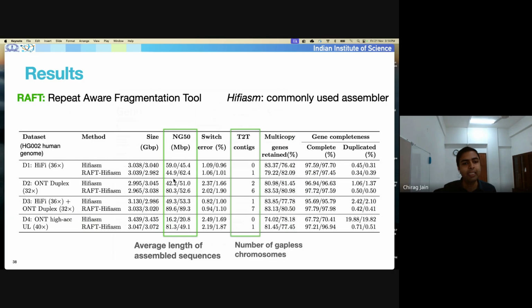In both cases, you can see that the contiguity of the assembly is improving when we do repeat-aware fragmentation. There are two numbers here because one is for the paternal haplotype, that is father, because you have two copies of the genome, one from father and one from mother. We are measuring them separately. And for both copies, you can see that there are improvements in the length of assembled sequences and also the number of gapless chromosomes assembled end to end.